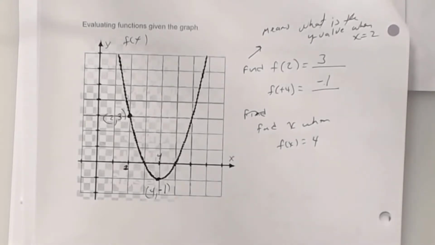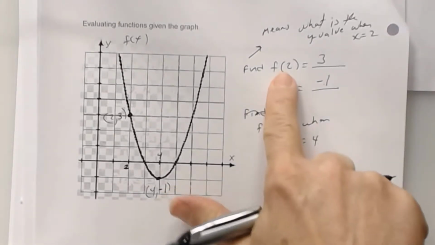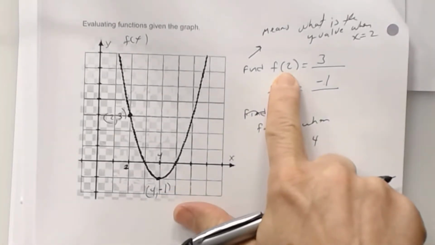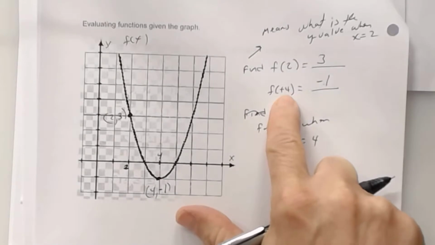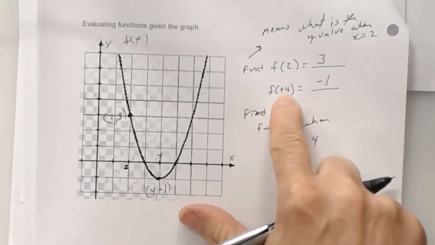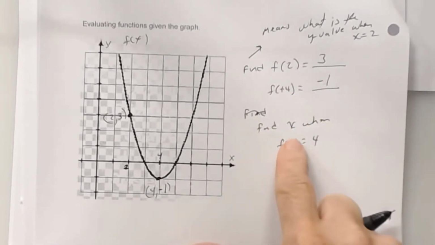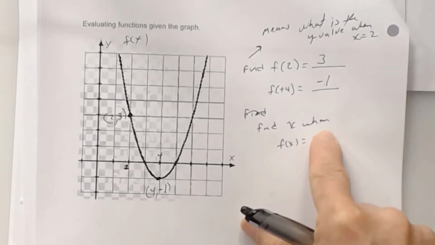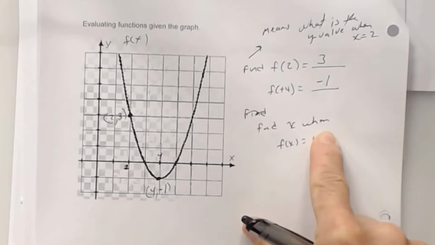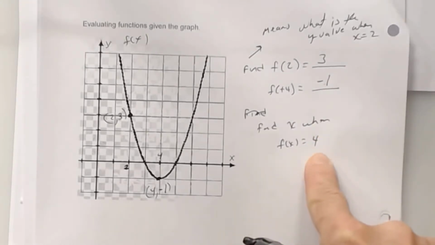Okay, so let's go back to the first one. So f of 2 meant what is the y value when x is what? 2. Here, what is the y value when x is what? 4. Here I'm asking, find x, so what is the x value when y is what? 4.